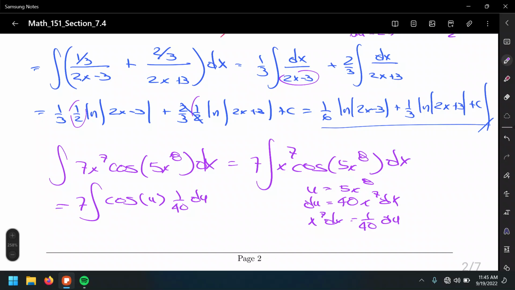The reason I'm discussing this is because today you have an exam, and you need to have a sense of how much work to show. Again, if you have a really simple integral, just go without showing the u and du. For something more elaborate, show it. Okay?